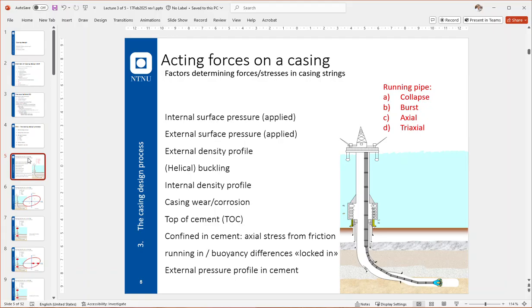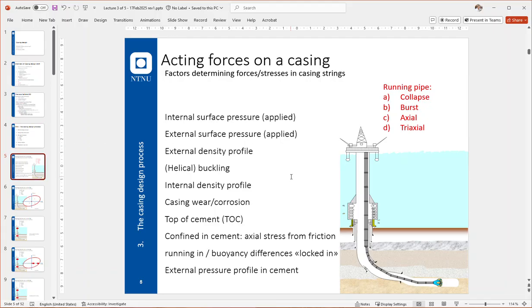And the things that we will consider in that mental exercise, we will go ahead and think about what collapse forces are, what burst forces are, and axial loads. We will all see what are the acting forces that result in these typical stresses acting on pipes.